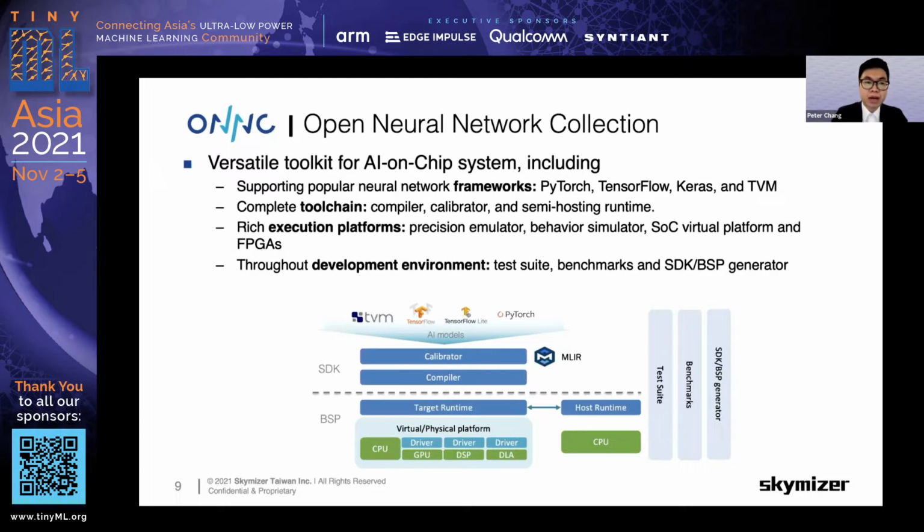And we provide a complete tool chain, including compiler, calibrator, and semi-hosting runtime. We also provide rich execution platforms, including precision simulator, behavior simulator, virtual platform, and even FPGAs, and provide a development environment, SDK, benchmark, and test suite.